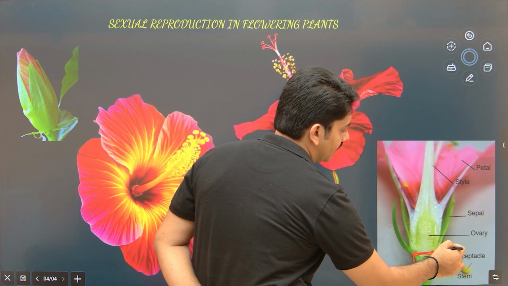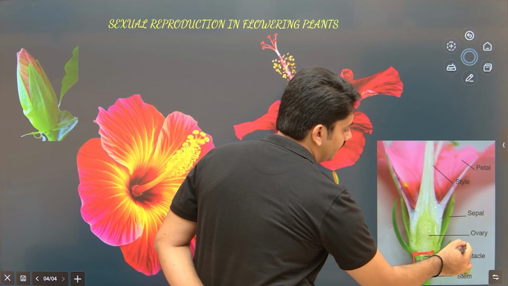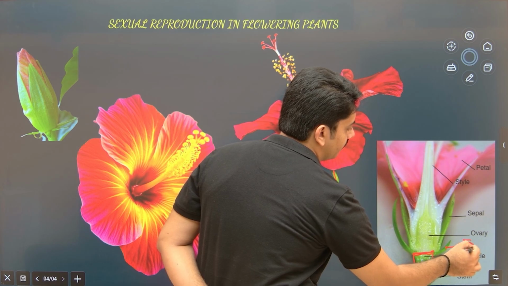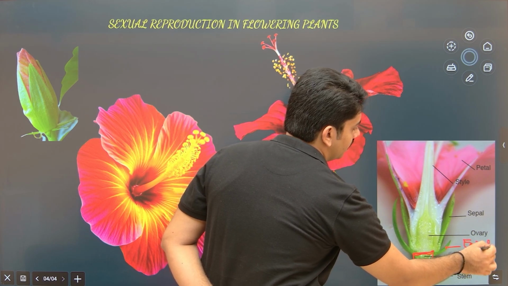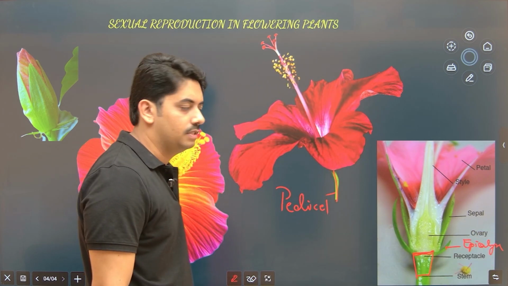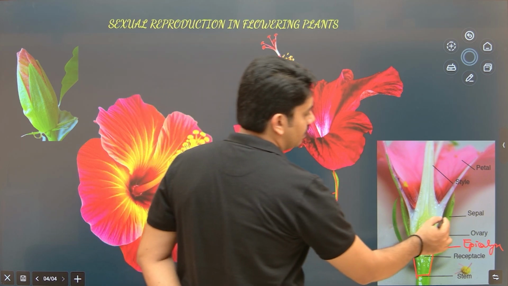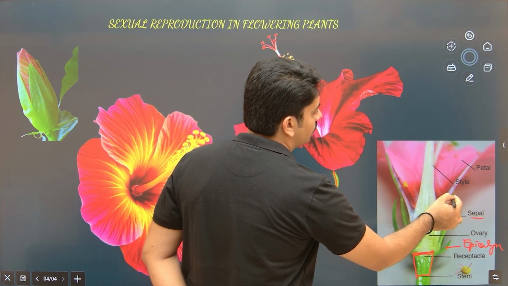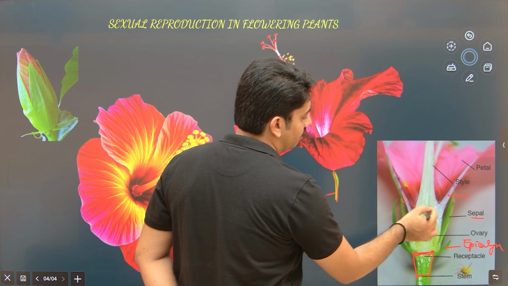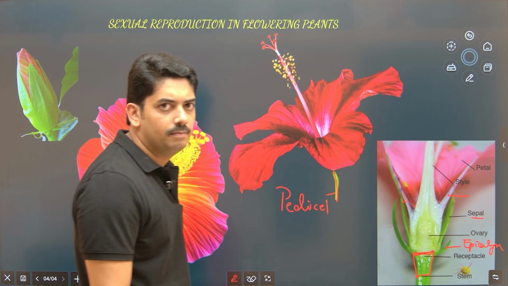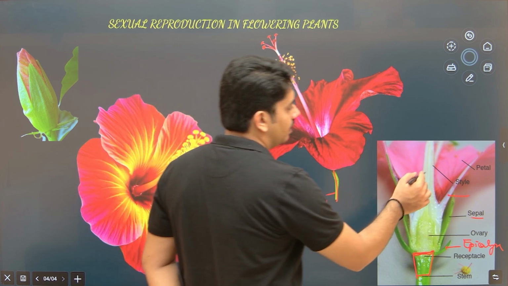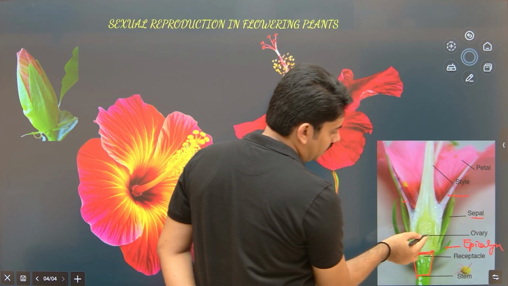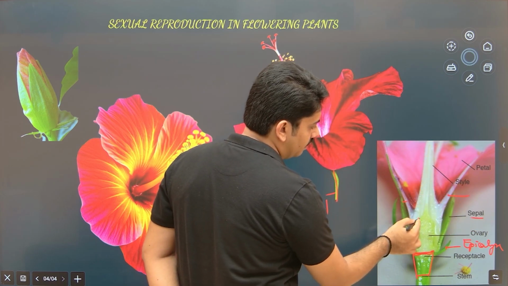Outermost, here you can see, this is not calyx, okay, it is epicalyx, observed in hibiscus. Next comes calyx, common name is sepal, and then corolla. Here you can see the corolla, they are all fused actually, gamopetalous condition, and here you can see the gynoecium part.